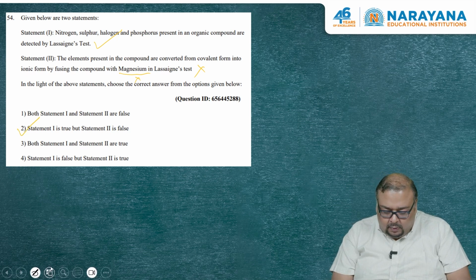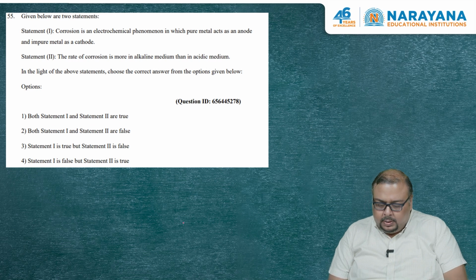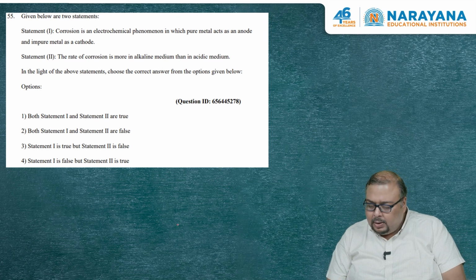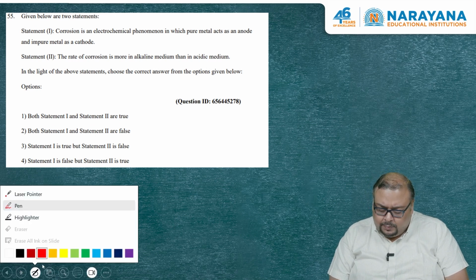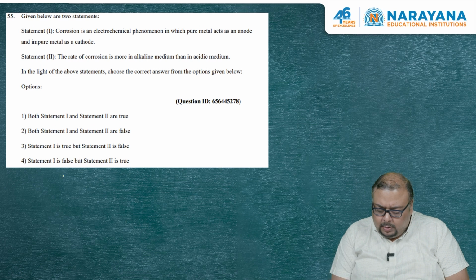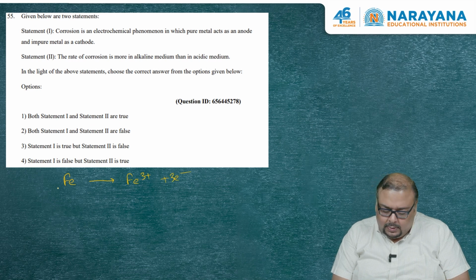Next, we have got question number 55. Statement 1. Corrosion is an electrochemical phenomenon in which pure metal acts as anode while impure metal acts as cathode. Now let us explore this statement. Okay. So we have got iron which will be getting oxidized to Fe3+. So here the pure iron will be acting as anode, whereas at anode oxidation takes place.